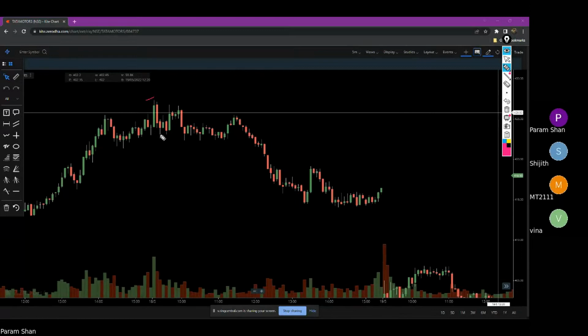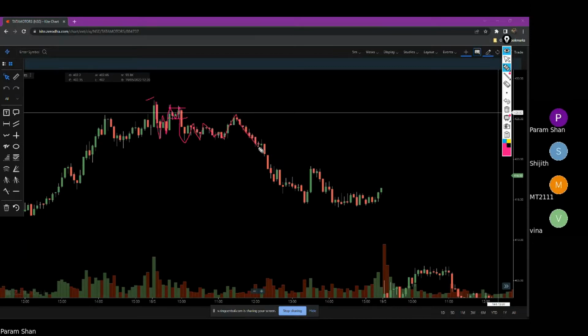But this one we can consider because it's broken. So this is where the journey started, came down, went up, came down here. So this zone is entirely inside candles, right? Yeah. So it was juggling here and again it broke down and this is how it played.